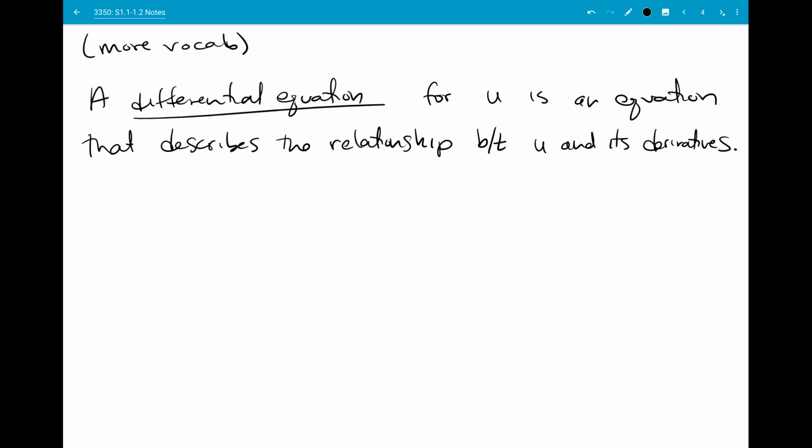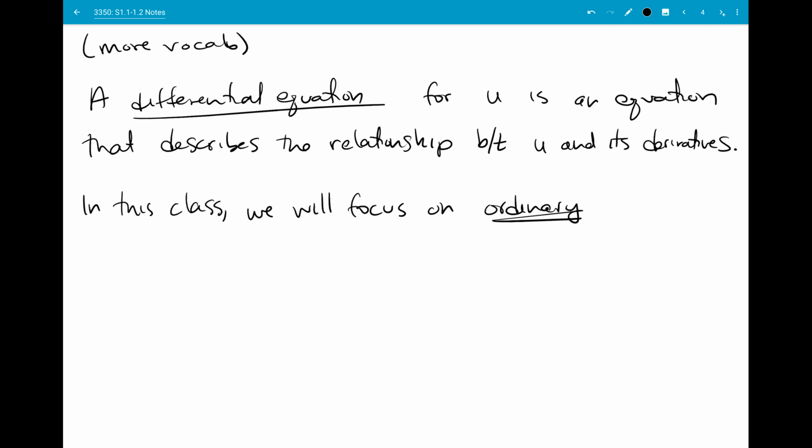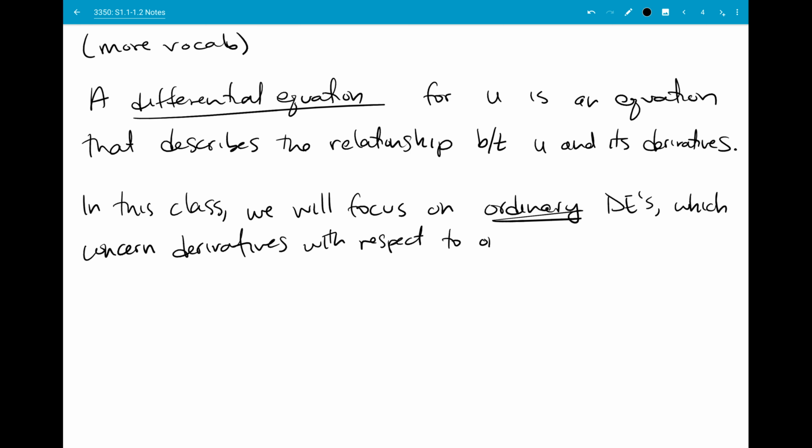And in this class, we will focus on ordinary differential equations, which concern derivatives with respect to only one variable.